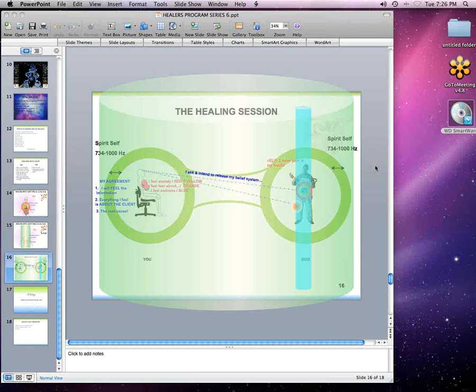And as you arrive, wrap yourself around her, merge only with the spirit self aspect to receive the information on the root cause. And as you merge with the spirit self, begin to feel what is the root cause of this issue.